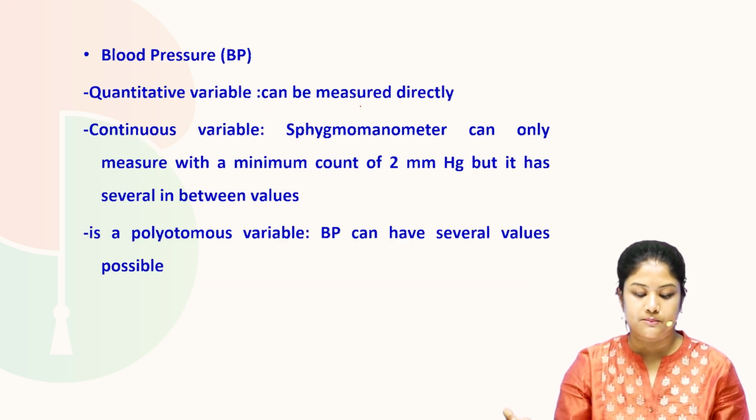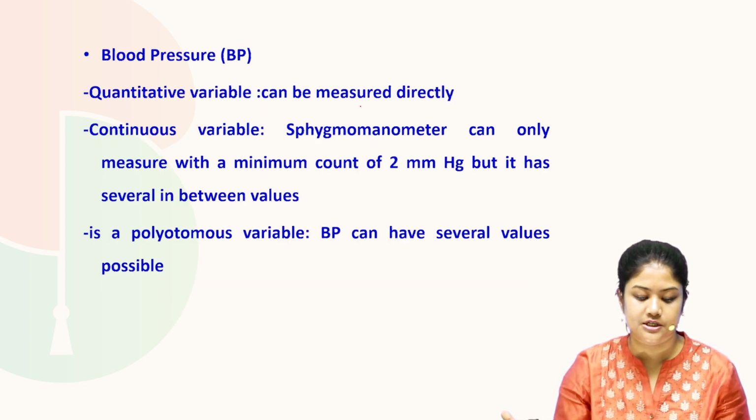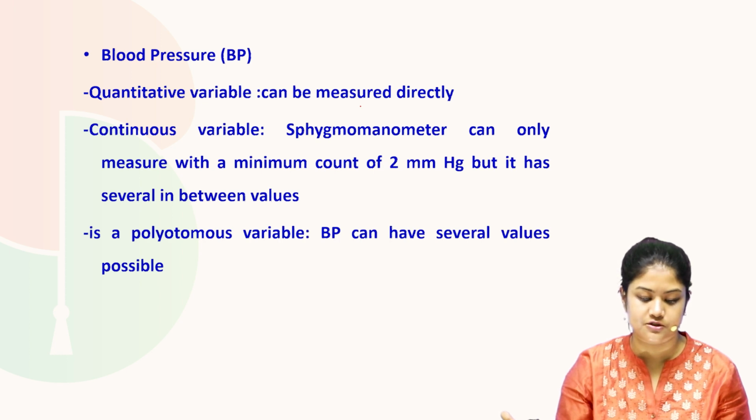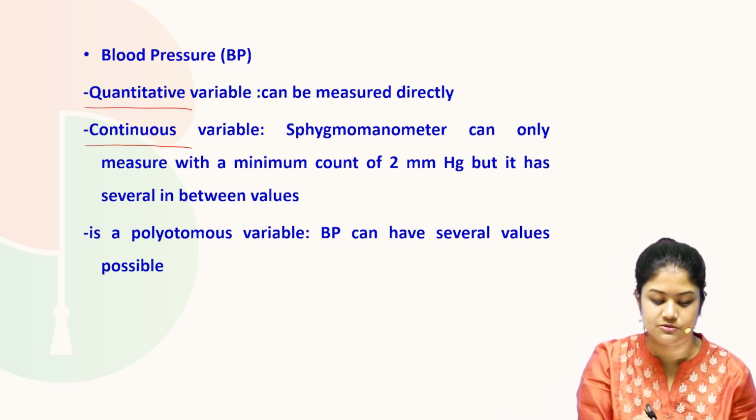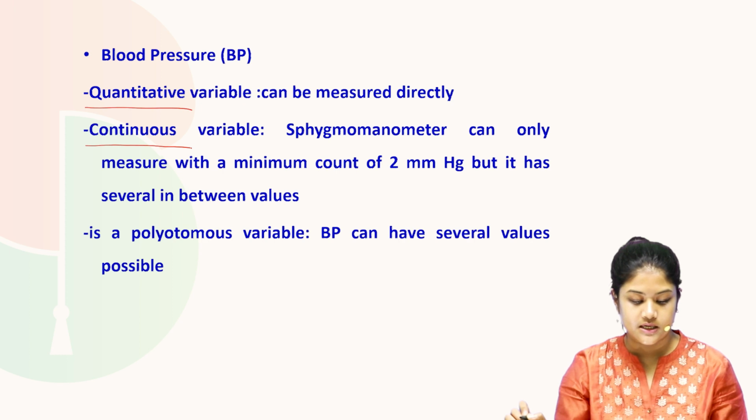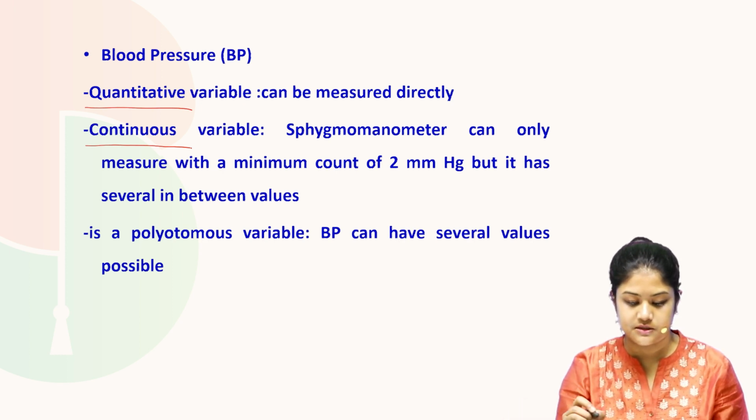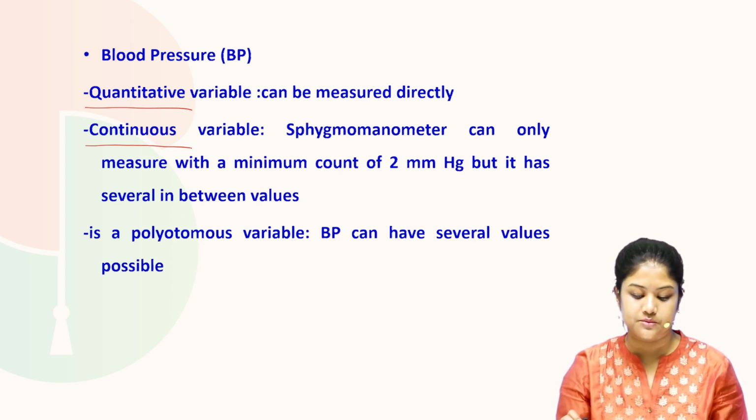And in our question, we are given blood pressure. So blood pressure is a quantitative as well as continuous variable, because a sphygmomanometer can only measure with a minimum count of 2 mm mercury, but it has several in between values.